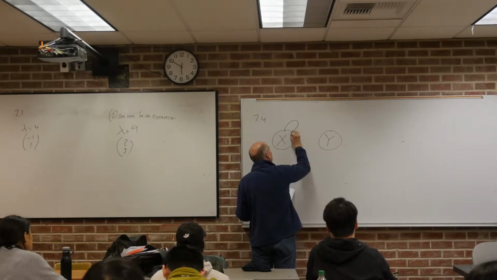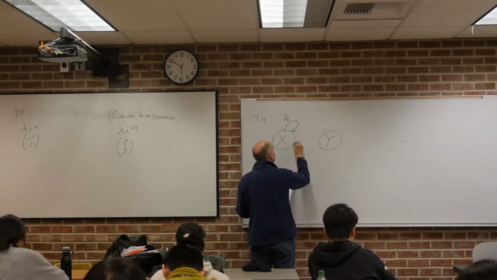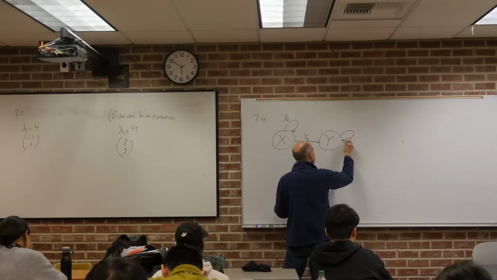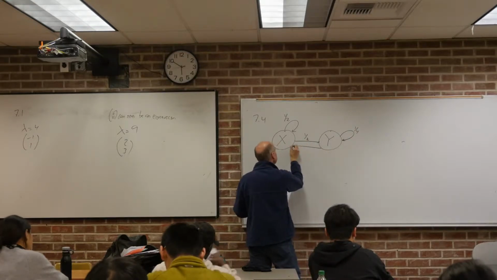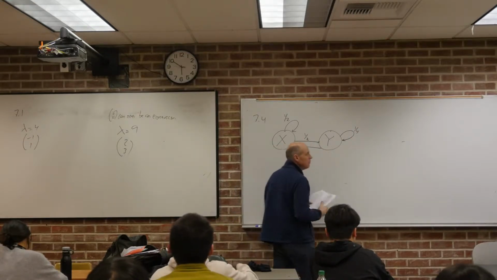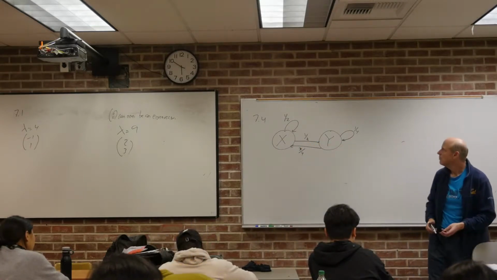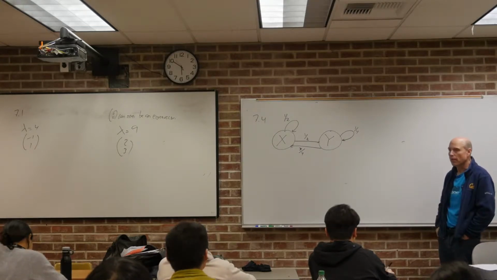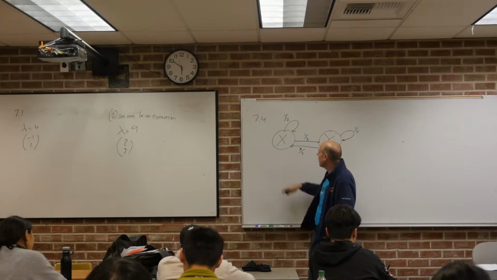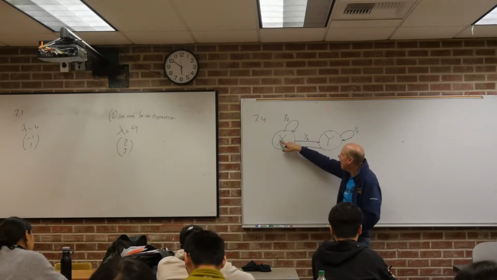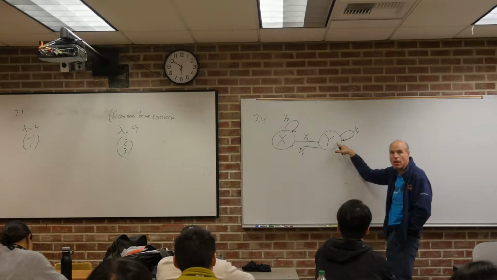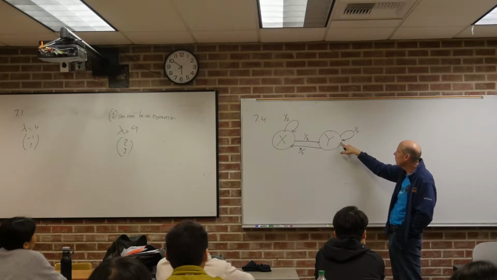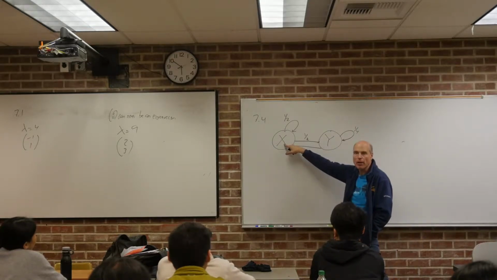I'm going to draw a diagram here representing how things change over time. So the idea is, let's say X's are the Democrats, Y are the Republicans. If you take all of this year's Democrats, half are going to stay Democrats, and half are going to become Republicans. And if you take this year's Republicans, a quarter are going to stay Republican, and 3/4 are going to be Democrats.